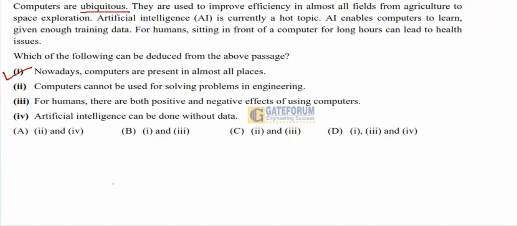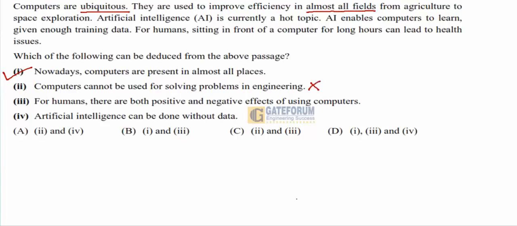This is absolutely wrong, because it has been said they are used to improve efficiency in almost all fields, from agriculture to space exploration. So engineering can also be a part of that. So computers can definitely be used for solving problems in engineering. The fact that "cannot be used" is written makes it entirely wrong.